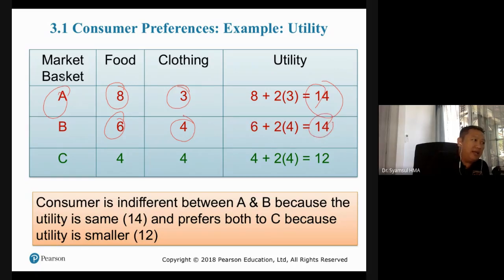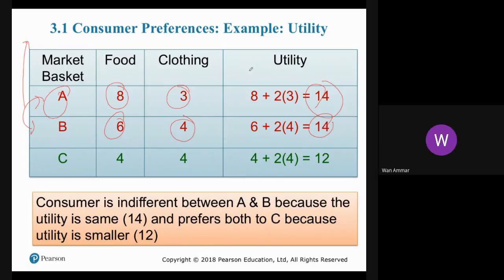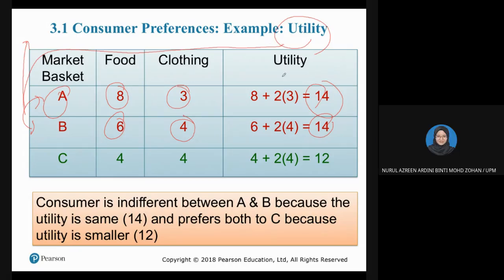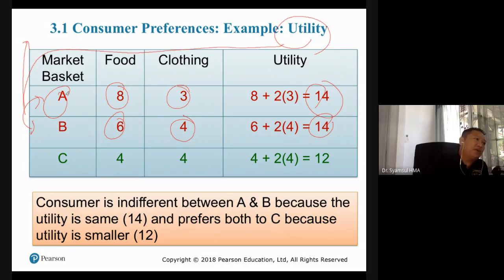Meaning to say, A and B will give the same utility. Same utility means same satisfaction. So whether you have more food or less food, provided you have more clothing, we have the same satisfaction.